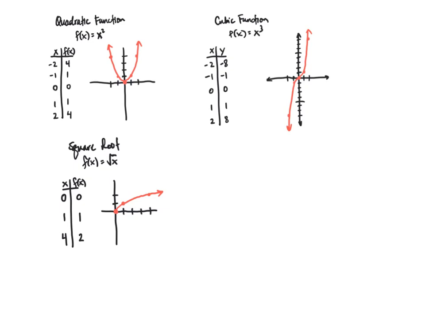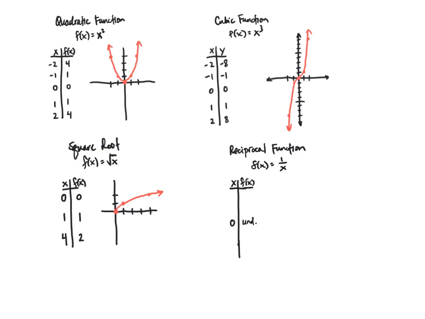Next, we're going to look at this one. This one, it does come up from time to time, so you should know it. It's the reciprocal function, which is f of x equals 1 over x. So if I make this table of values, I'll pick 0 in the middle, but this time 1 divided by 0 is undefined.